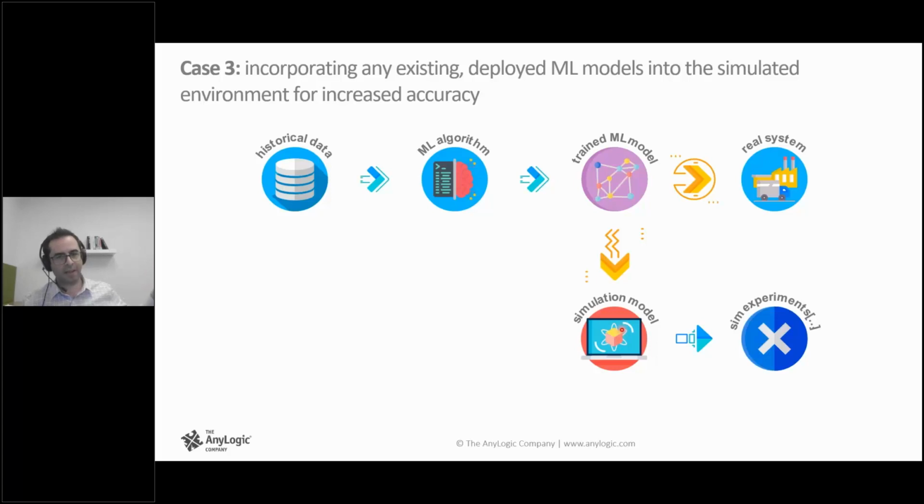If the real system has these trained ML models, or deployed AI solutions that are actually part of the real system, then to build a representative simulation version of it, you need to incorporate those ML components. This is what I'm showing here. The real system has these things, so you need to embed some variation of those, maybe the actual thing or a more abstracted version of it, inside your simulation model to be able to represent the reality in a more representative way.